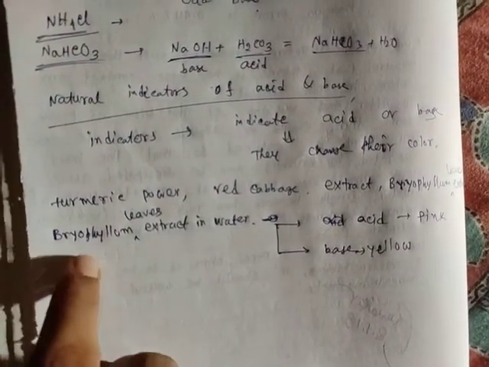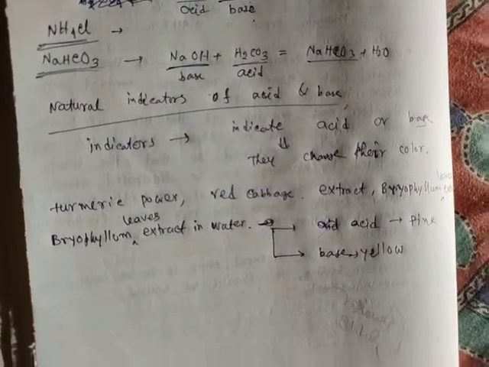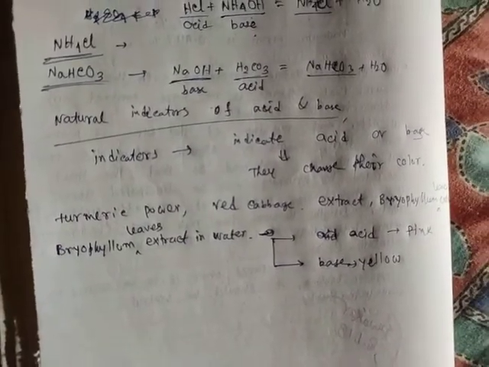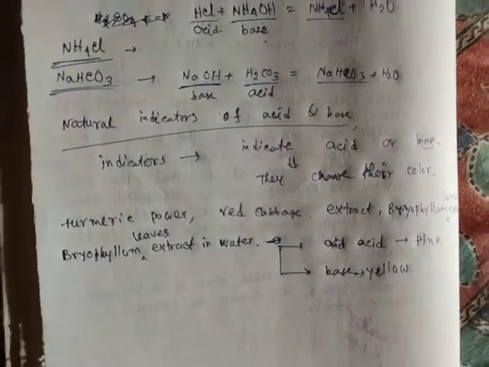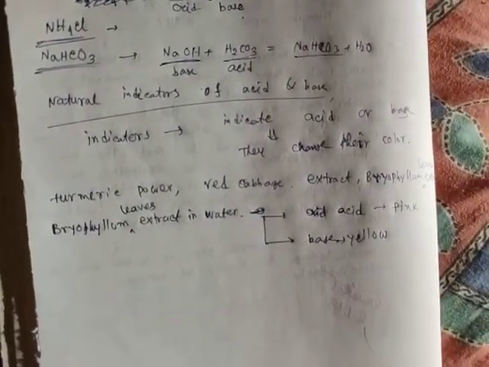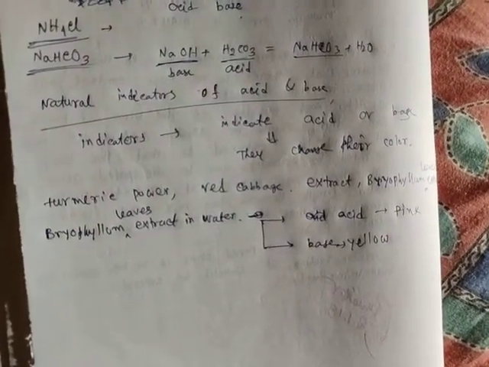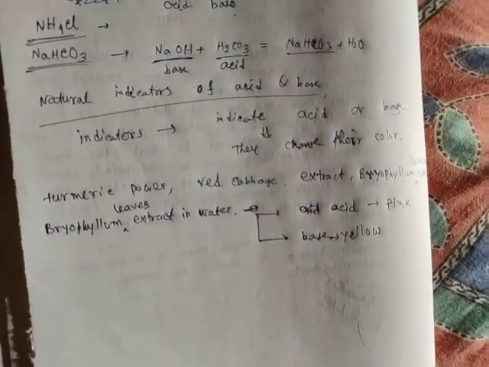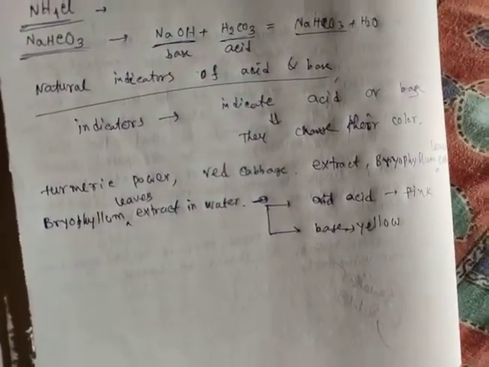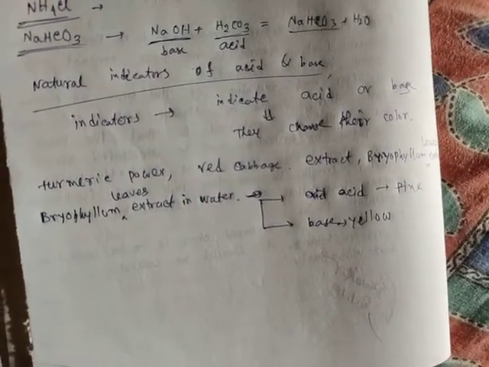You take some biophyllum leaf extract mixed with water, then you mix it with that liquid. If it gives a pink color, then you can easily say it is acid, and if it gives a yellow color, then you can easily say that it is base. So with the help of color, we can say whether the unknown liquid is acid or base.